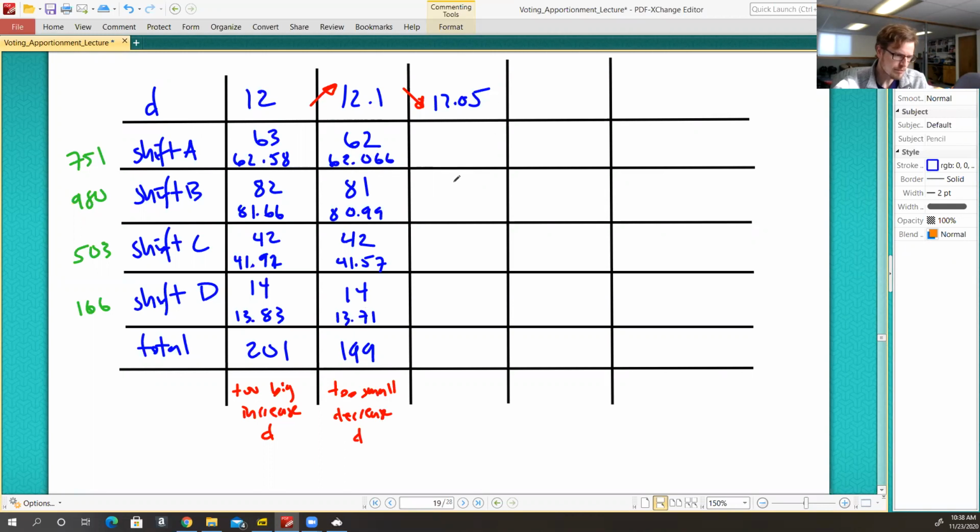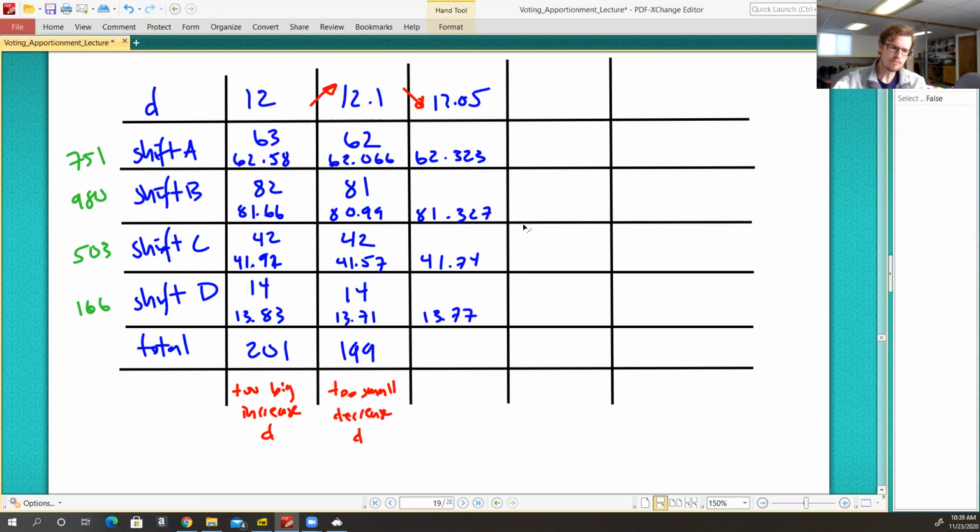When I do that, I end up with 62.323, 81.327, 41.74, and 13.77. Rounding to the nearest integer gives us 62, 81, 42, and 14.